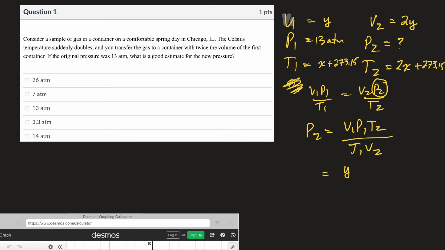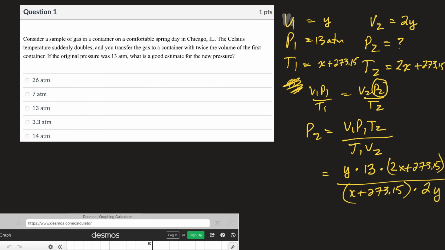V1 is Y, P1 is 13 atmospheres, T2 is 2X plus 273.15, over T1, X plus 273.15, times V2, which is 2Y. The Y's will cancel out.